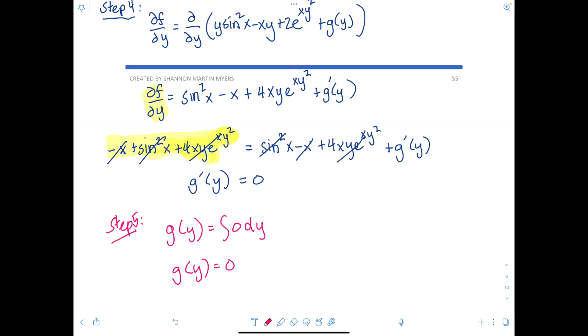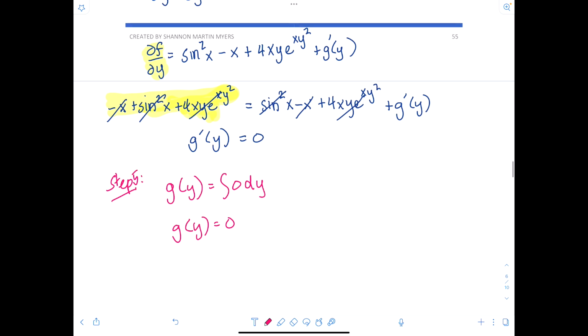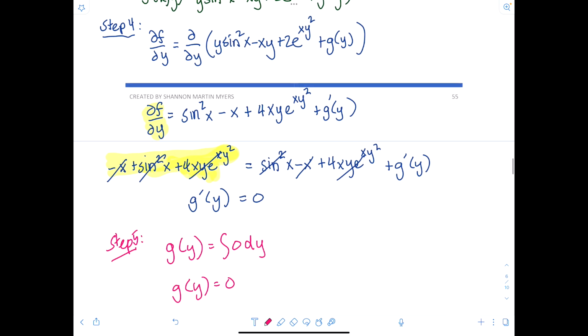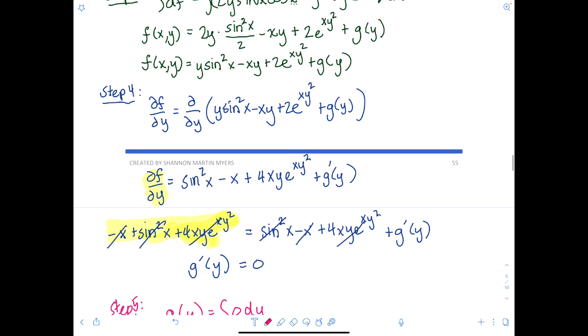And then continuing to back substitute, remember we're looking at that equation in green, right?